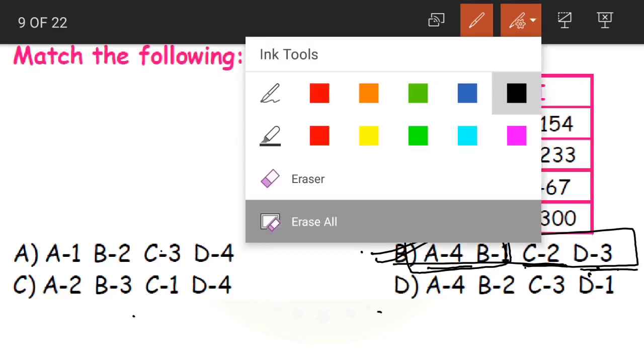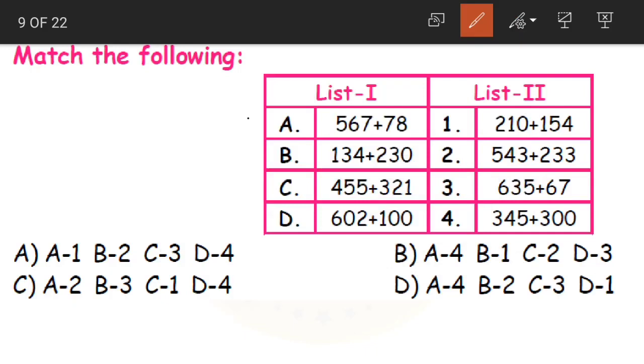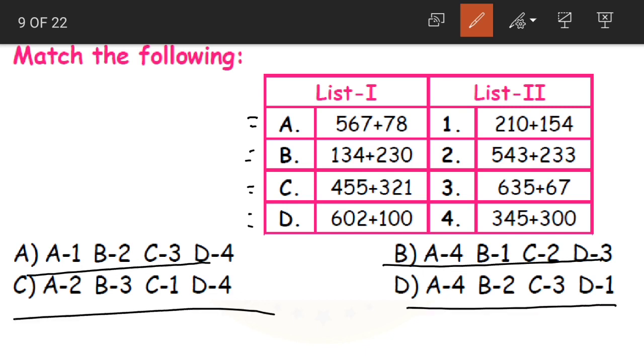What is another way of solving this? If you are not okay with this method which I explained just now, children, another method is to solve each of them and write the answers. We solved A just now, right? 645, and B also we solved just now, 364.